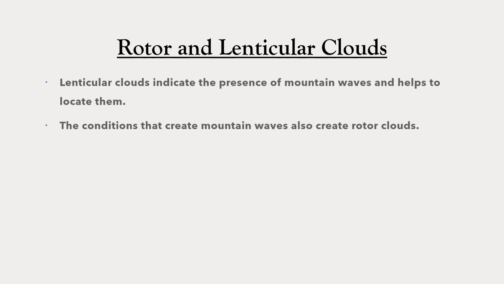Another type of cloud that you find at a lower altitude, where the air is going in a circle, is called a rotor cloud. They tend to be more round in shape, and both rotor clouds and lenticular clouds stay in the same position with respect to the surface features.